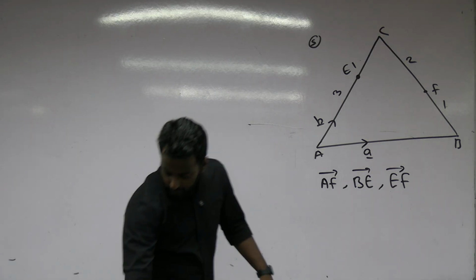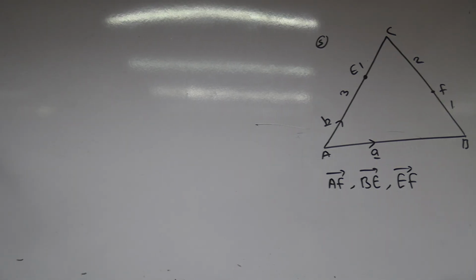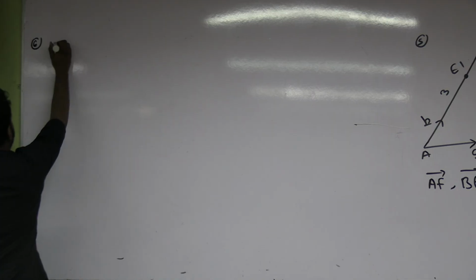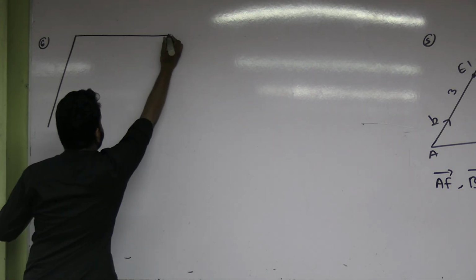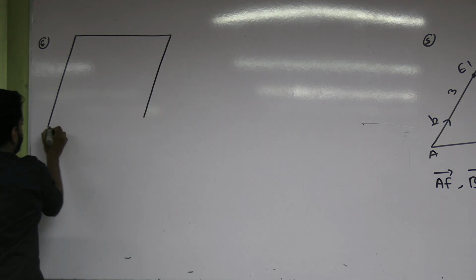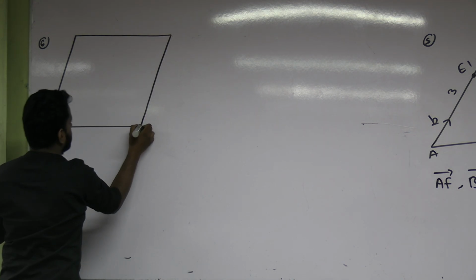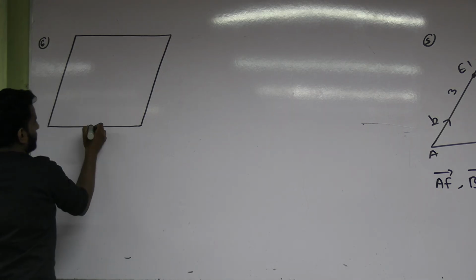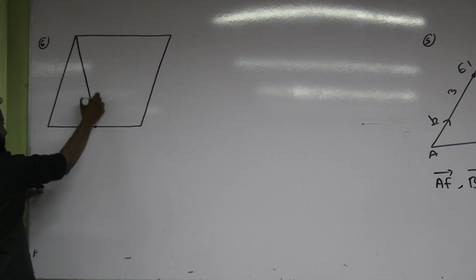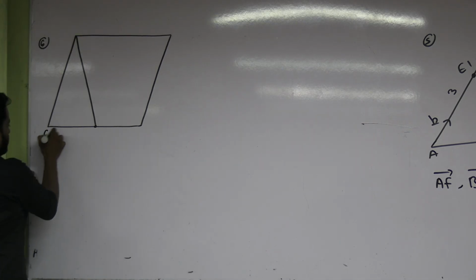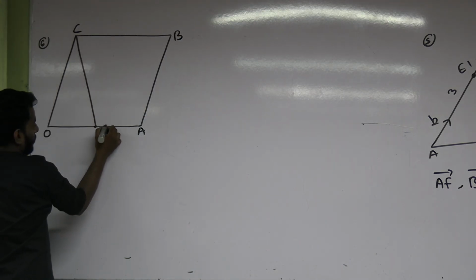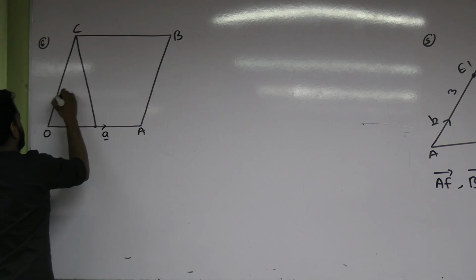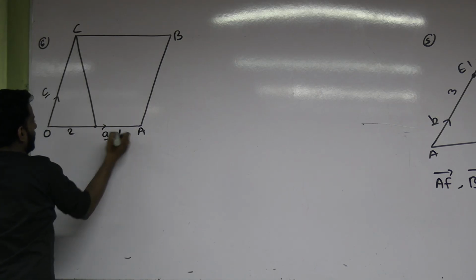This is question 5 and this is question 6. In question 6 you are given a parallelogram. The entire vector OA is A and this is C, and this is in the ratio 2 to 1.